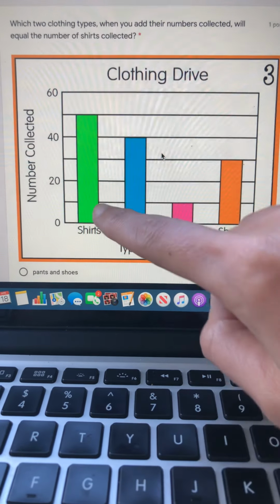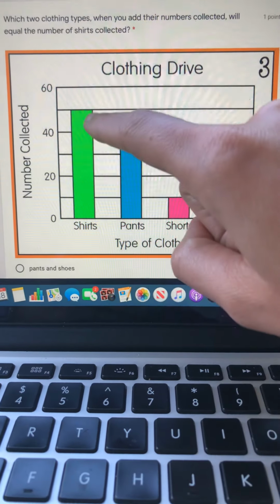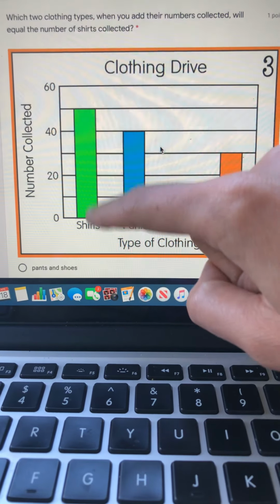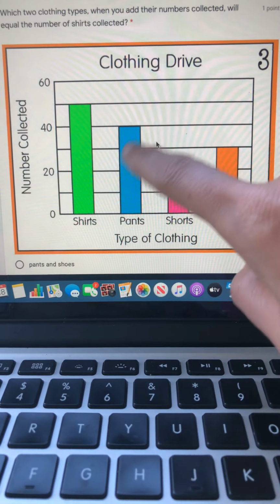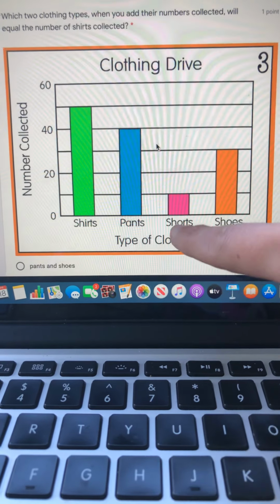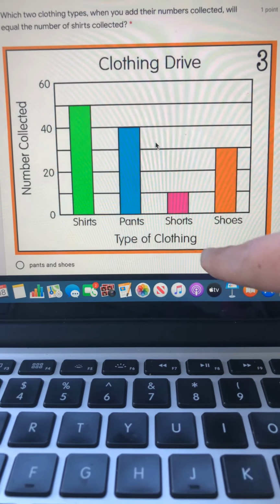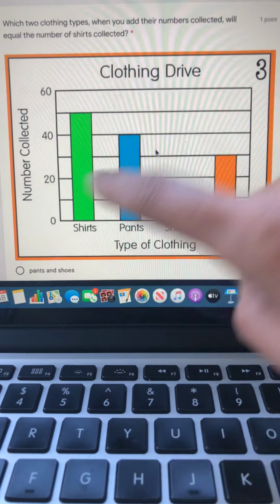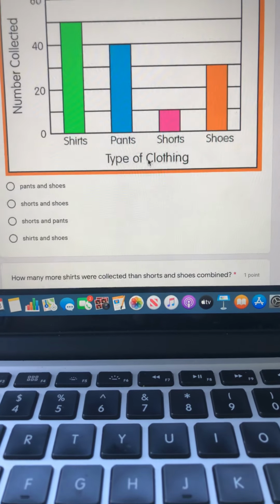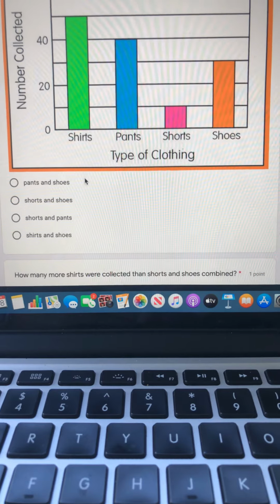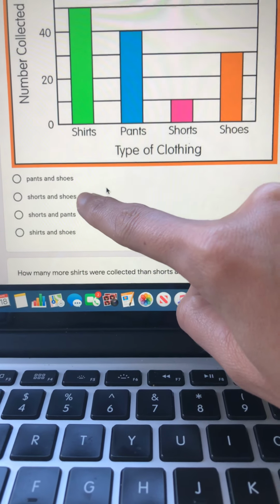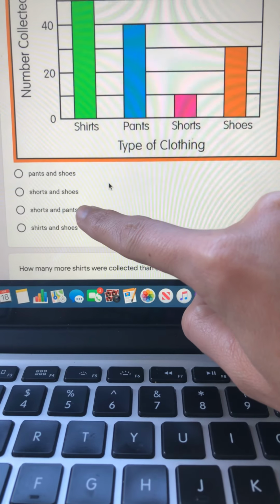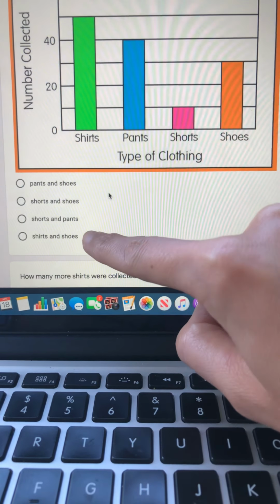So you need to determine how many shirts were collected. Then you have to figure out which two of the pants, shorts, and shoes you can add together to equal the amount of shirts collected. Would it be the pants and the shoes, the shorts and the shoes, the shorts and the pants, or the shirts and the shoes?